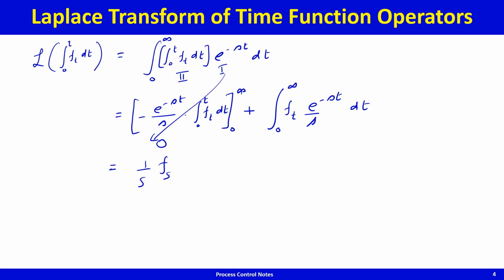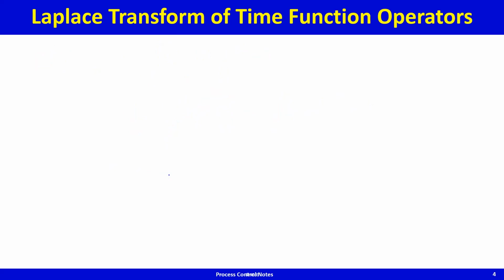So we've looked at dead time, we've looked at differentiation, we've looked at integration. Let's look at convolution. So if you convolve two functions f star g, where f and g are functions of time, which by definition is equal to minus infinity to infinity f of tau g of t minus tau d tau.